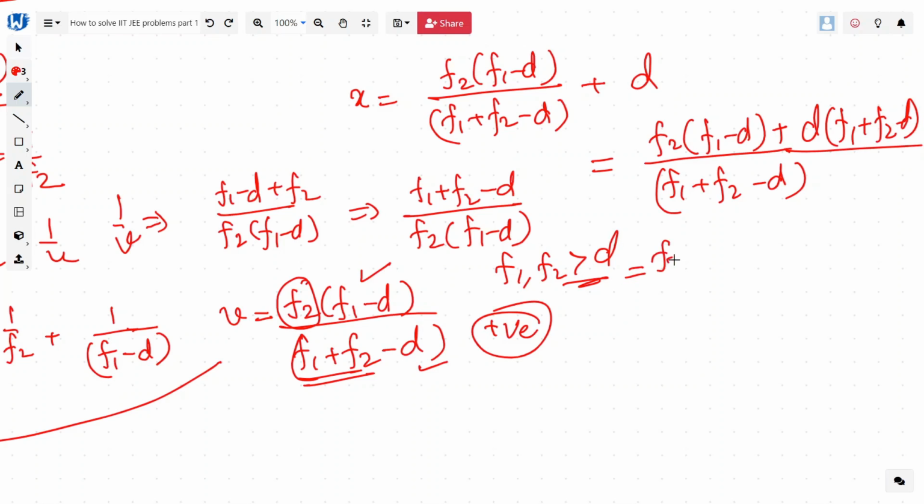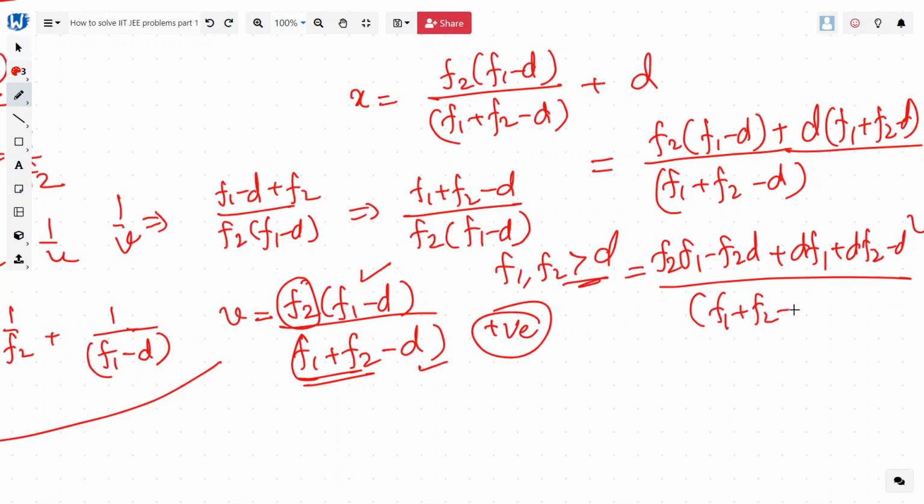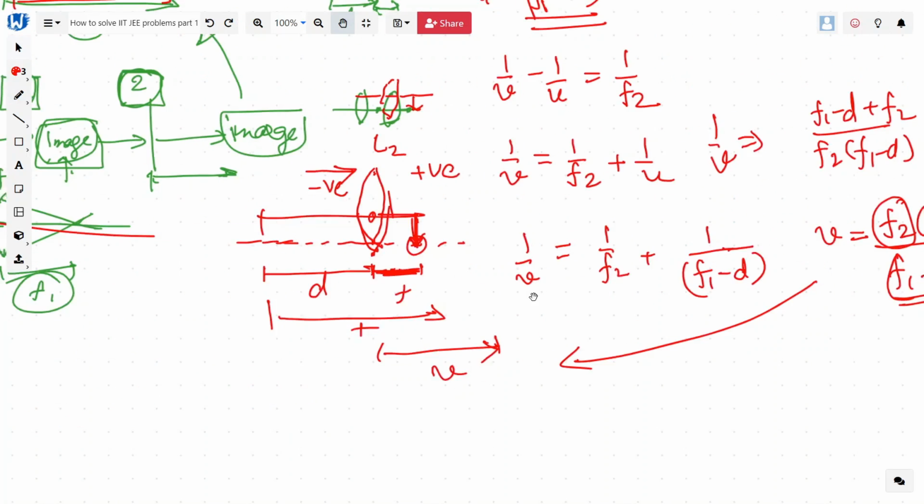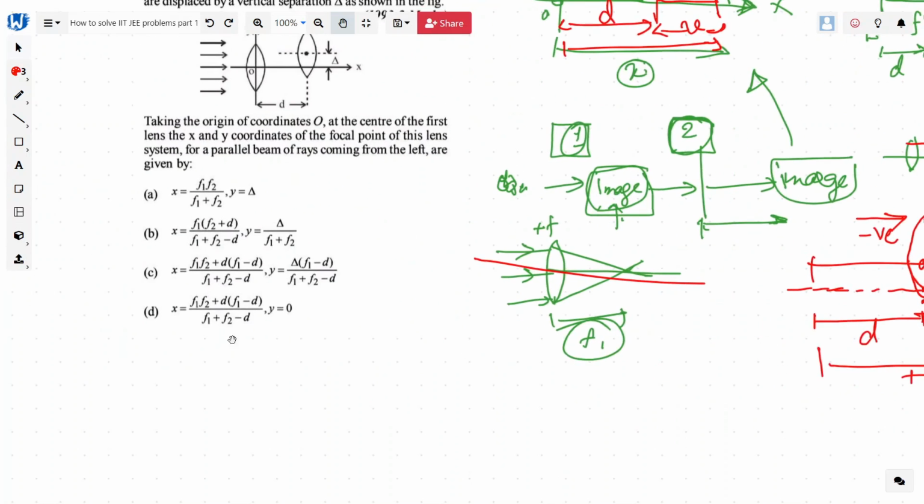That is going to be f2 f1 minus f2 d plus d f1 plus d f2 minus d square, divided by f1 plus f2 minus d. Now while solving, we can always look at the available answers for the x, and we can see that f1 plus f2 minus d is in the denominator for 3 of them, right?